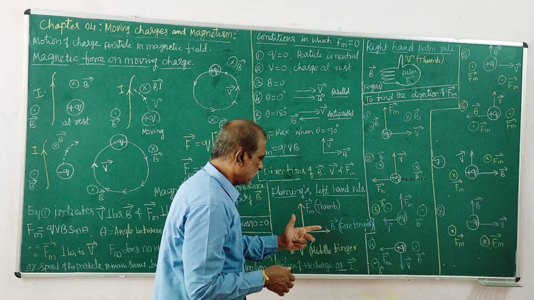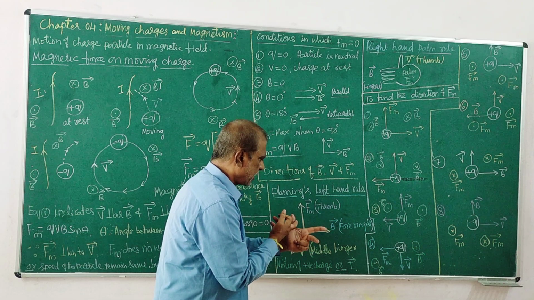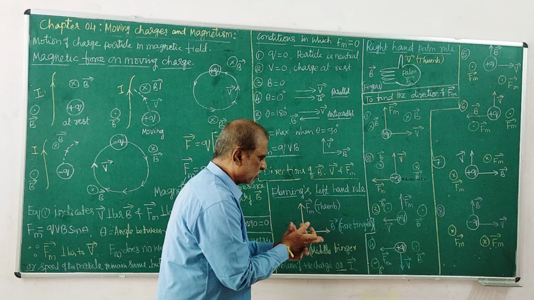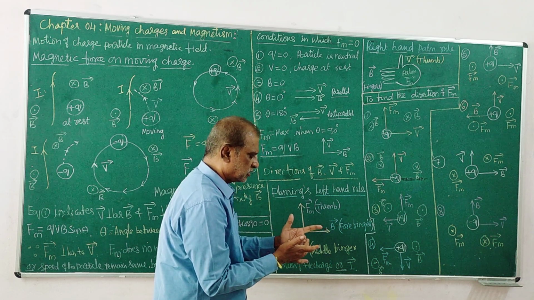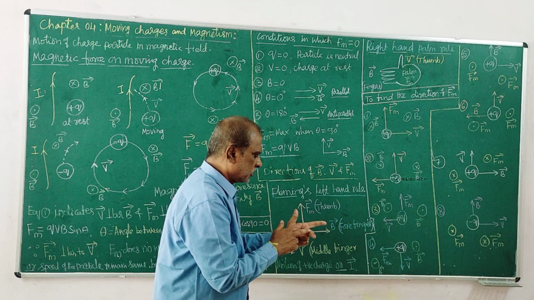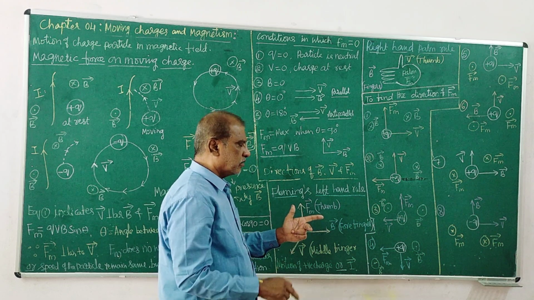So this indicates the magnetic force, this the magnetic field vector, and this the velocity vector. Velocity vector is the same as the direction of the positive charge, remember, or the direction of electric current.